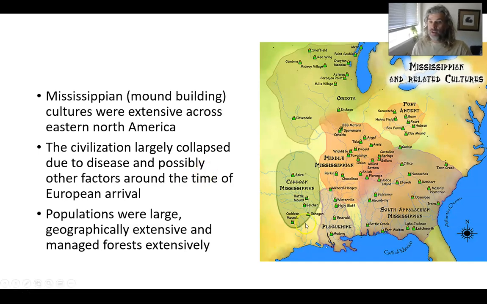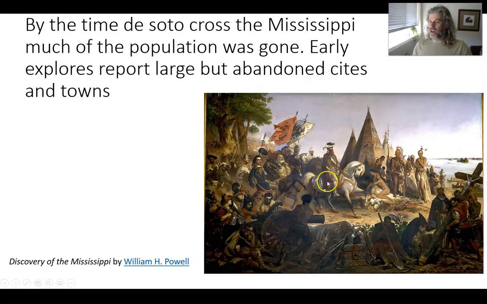Here's a photo of a painting of De Soto when he arrived at the Mississippi. When he arrived at the Mississippi, he didn't look like this.